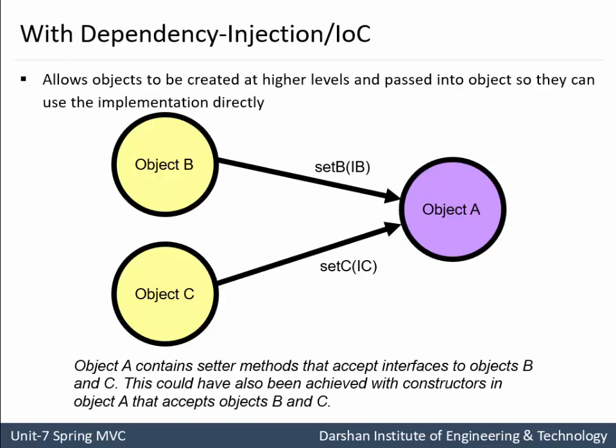Now what is the solution? The solution is, instead of class A creating the objects of B and C, convert that to inverse, that is known as inversion of control.